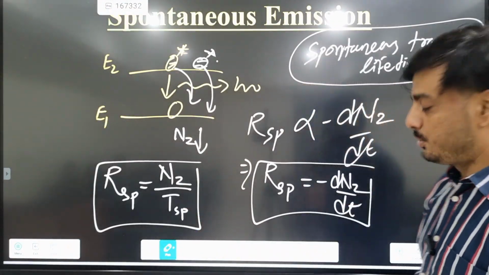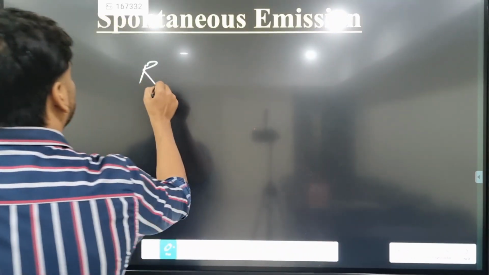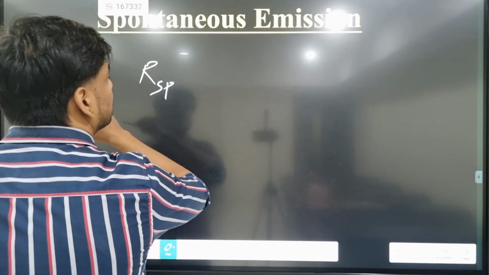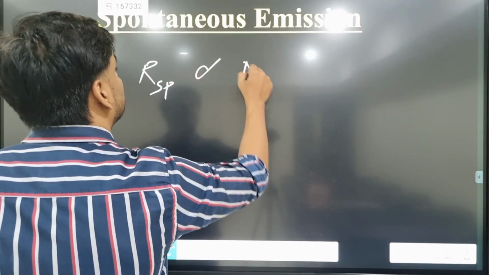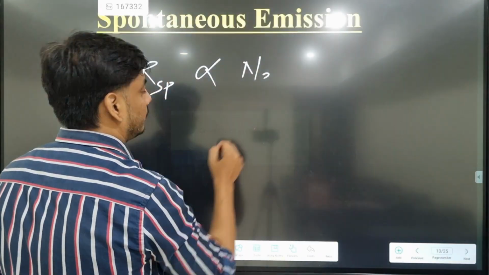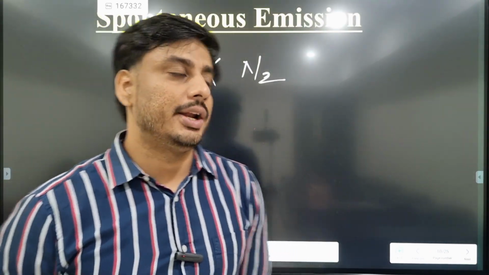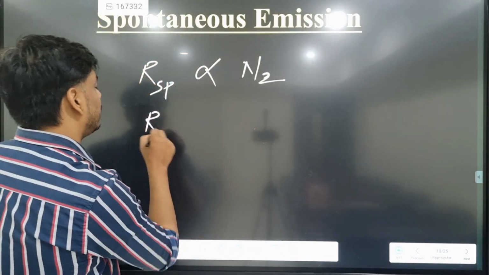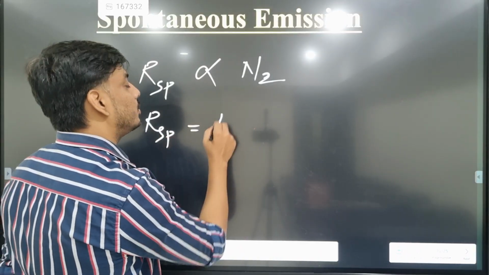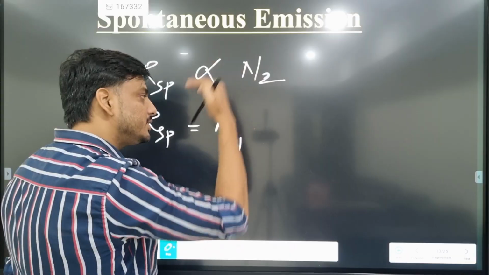Similarly, here also you can write down the rate of spontaneous emission directly proportional to N2. Only N2. It does not depend upon energy because we are not giving any external energy here. So you can directly write down rate of spontaneous emission equal to some constant A, and the particles are moving from 2 to 1, from higher energy state to lower energy state.